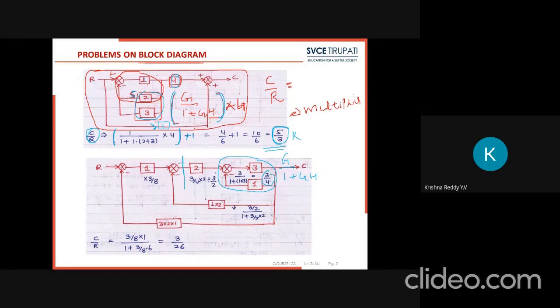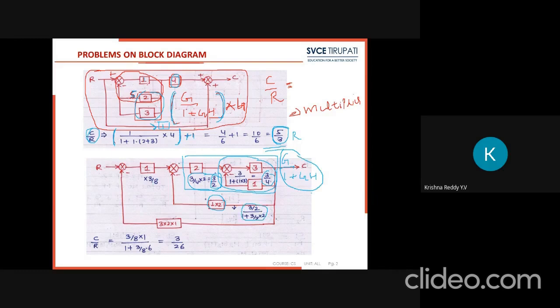When you are having series blocks, we need to multiply. 3 by 4 into 2, we are getting 3 by 2. The resultant block 3 by 2 is having negative feedback with gain 2. Then again, G divided by 1 plus GH, we are getting its value is 3 by 2.